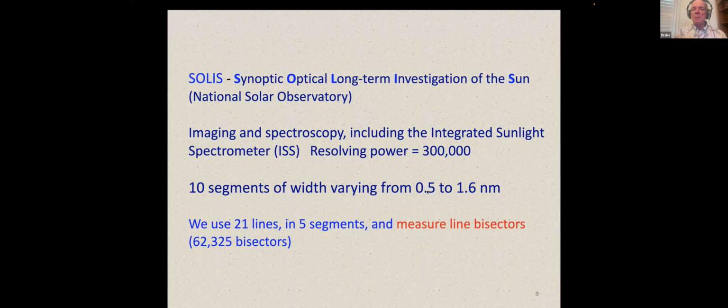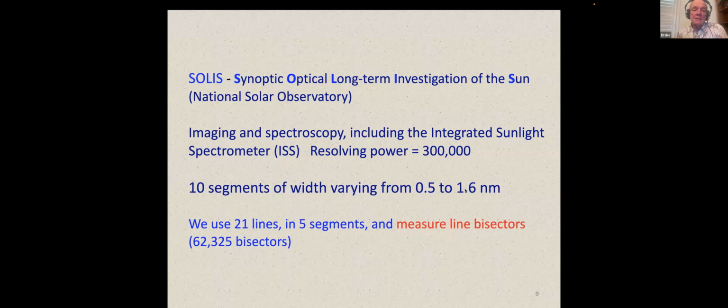Those segments are centered on key lines, for example, the H and K lines of calcium that are sensitive to the chromosphere, but also some other segments that are just sensitive to photospheric lines. And there are even lines in those segments which are just incidental to the line that SOLIS was really targeting.